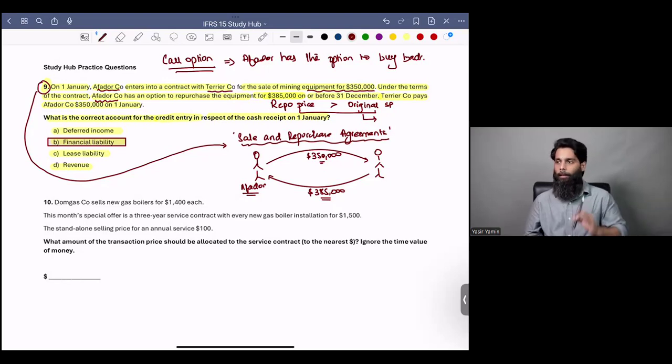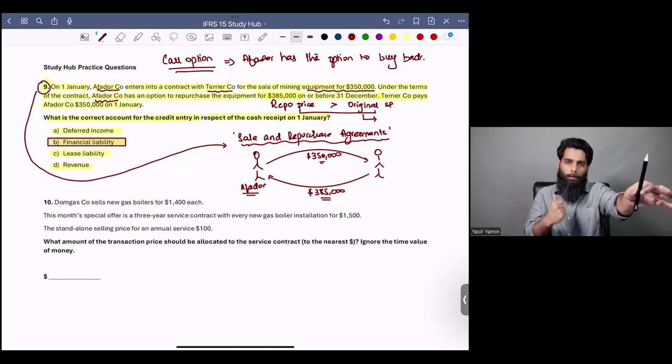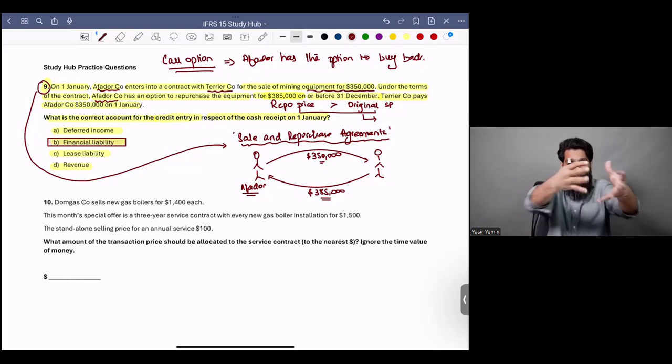Just imagine, I give you this pen. You take it. And I say, I have the option to take it back. Just be fair with yourself. I give you this pen, but I tell you I can ask for it back. Is it really a sale? Do you have ownership of this pen if I have the right to take it back from you?